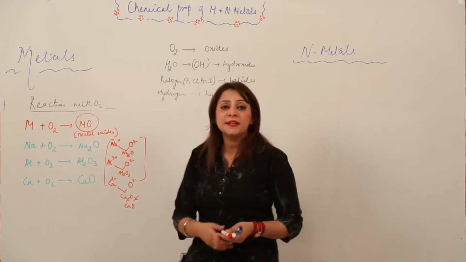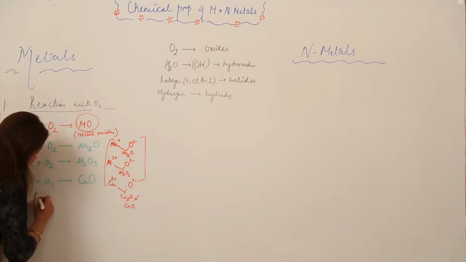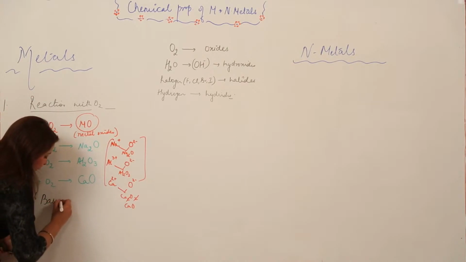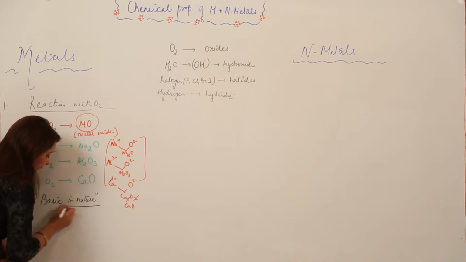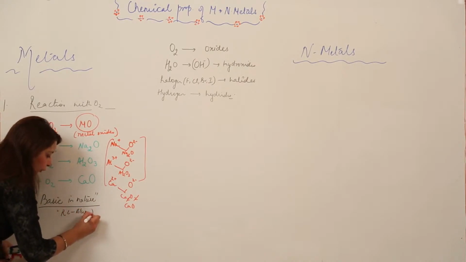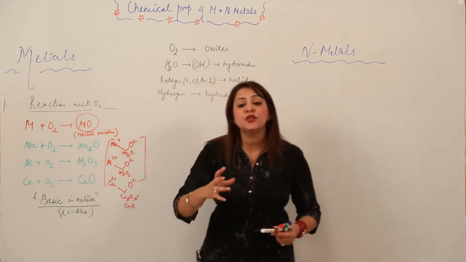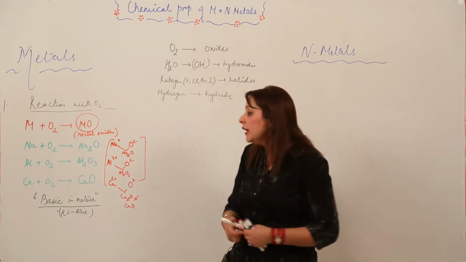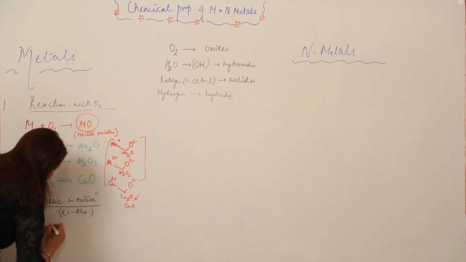See, most of the metal oxides are basic in nature. That means they turn red litmus blue. But we also come across certain metal oxides which show an exceptional behavior, that is, they are amphoteric in nature.